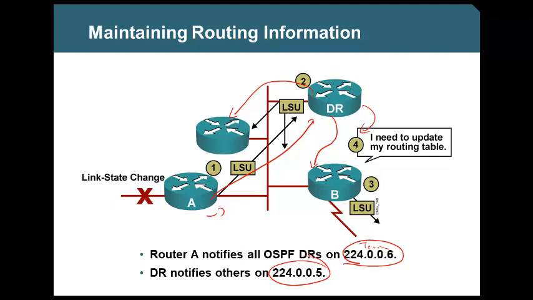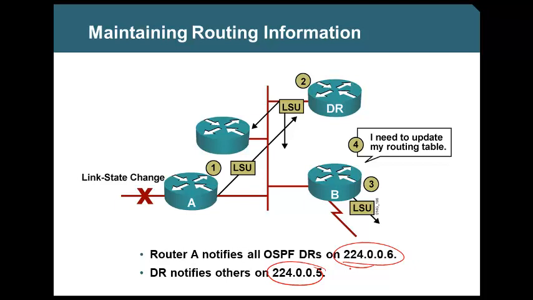Now, what I'm trying to say here is, to talk to everyone, this is the address that the DR will use. And for everyone to talk to the DR only, they use the magic word teacher, 224.0.0.6. So only the teacher can listen to that. No one else can listen because they are not the teacher. That is why here it is written, Router A notifies all OSPF DRs. It means all OSPF DR, what does it mean?